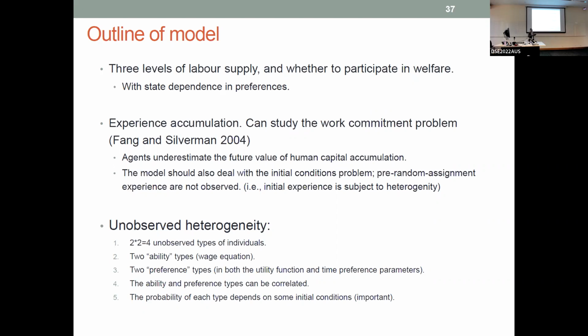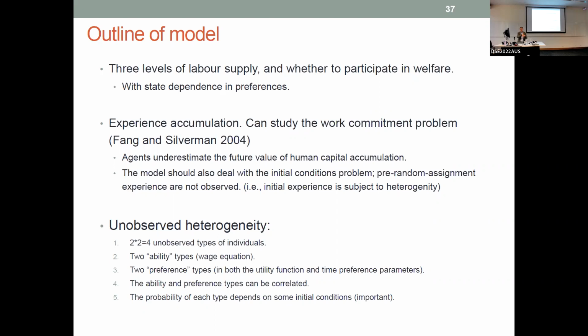To make the model a bit more flexible, the ability and preference types are correlated via some equations in the appendix. And the probability of each type of individual depends on some initial conditions. So for each individual, you can actually compute the probability of each type, and the types determine the preference parameters.